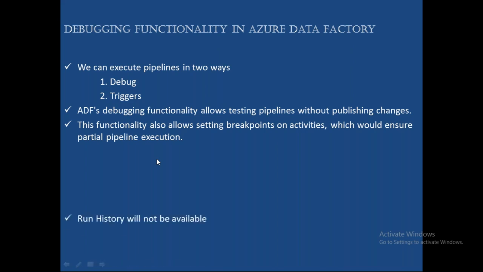Okay, clear? Next, run history will not be available. Suppose you debugged this particular pipeline. It will execute that pipeline, but the details about that particular execution will not be saved permanently. Those will not be available after you run the second time. Suppose I debugged a second time, my first debug details you will not be able to see.